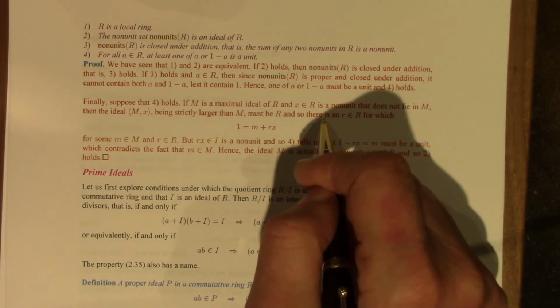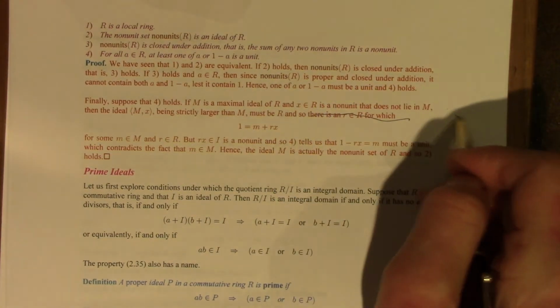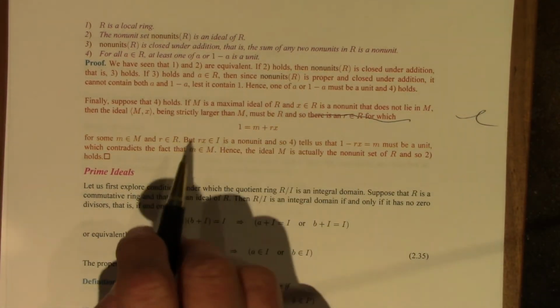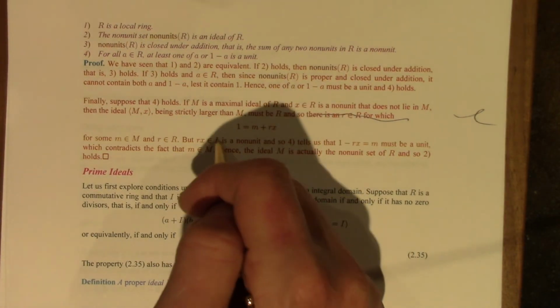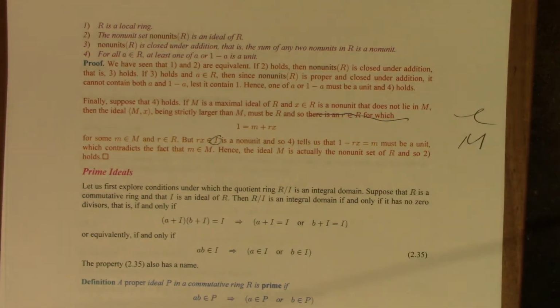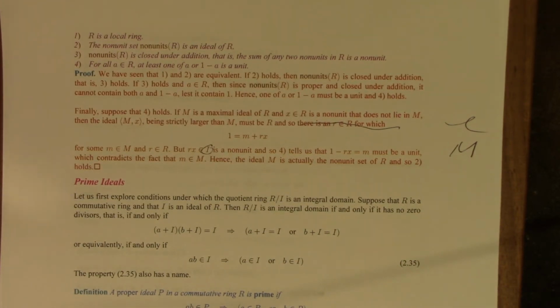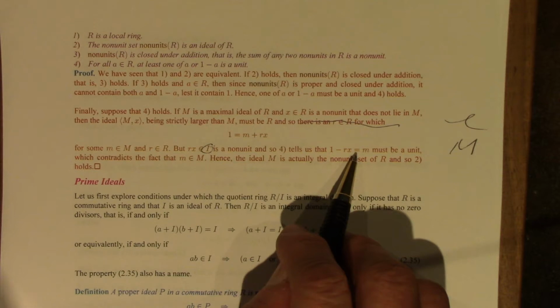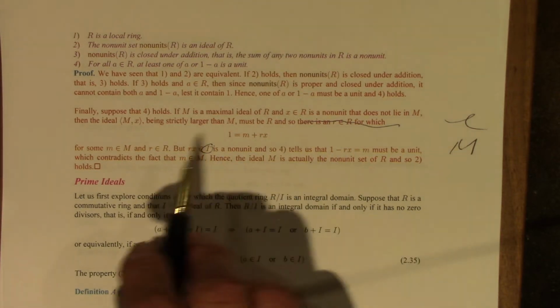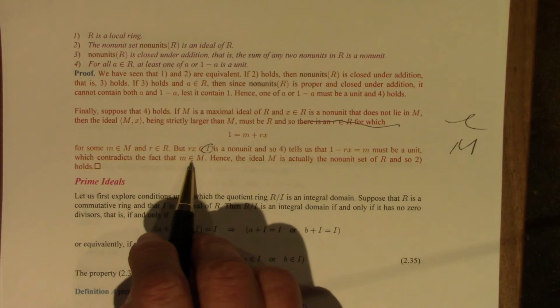But rx is in the ideal generated by X, and it's a non-unit. And so we know that 1 minus rx, which is little m, has to be a unit, but that contradicts the fact that little m is in the maximal ideal M. No units in there.